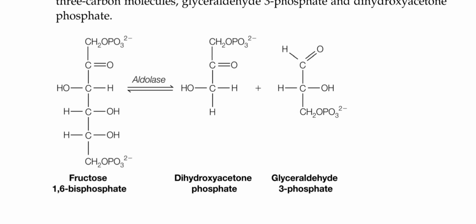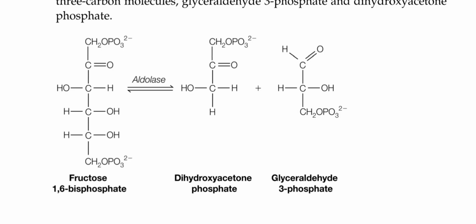Now the only molecule that can go further down the pathway is glyceraldehyde 3 phosphate. So the dihydroxyacetone phosphate needs to be converted into glyceraldehyde 3 phosphate so that it can also go further down the pathway and yield energy.